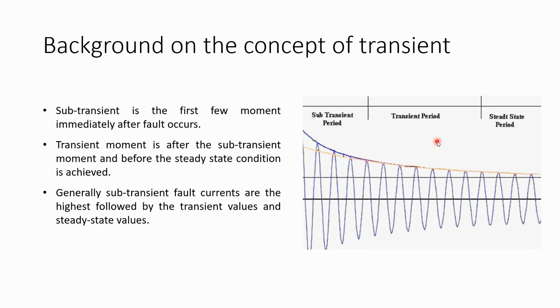So, depending on our analysis, if we want to analyze the effect of fault current during the subtransient period, we should use the impedance during the subtransient period in our network. Similarly, if we want to analyze the effect of the fault during the transient period, then we should use the impedance during the transient period in our network during our analysis.